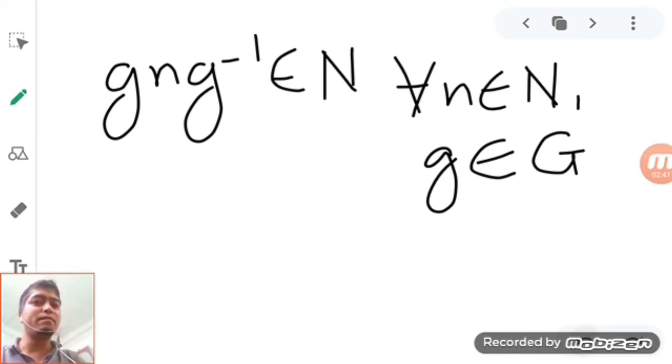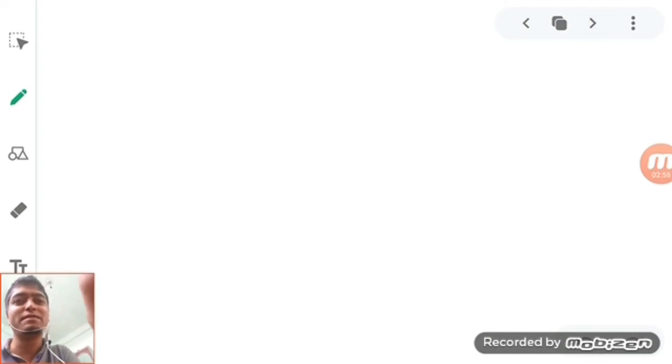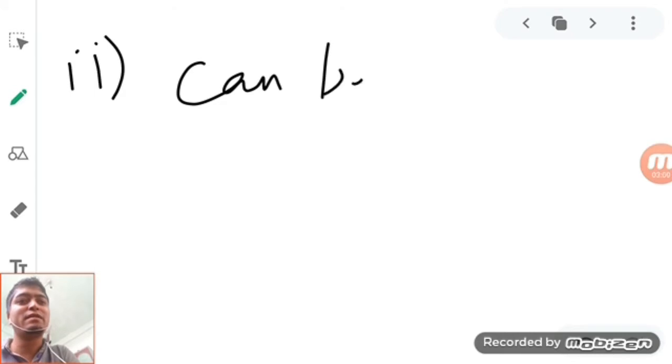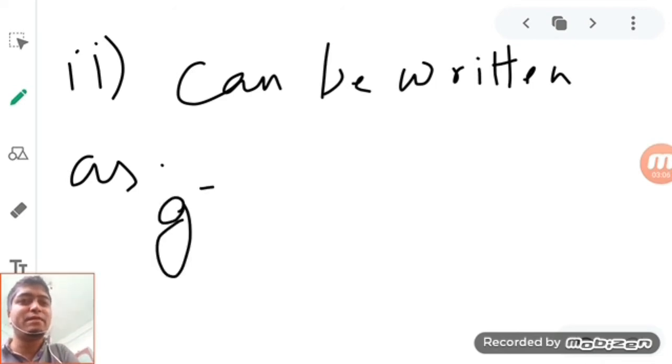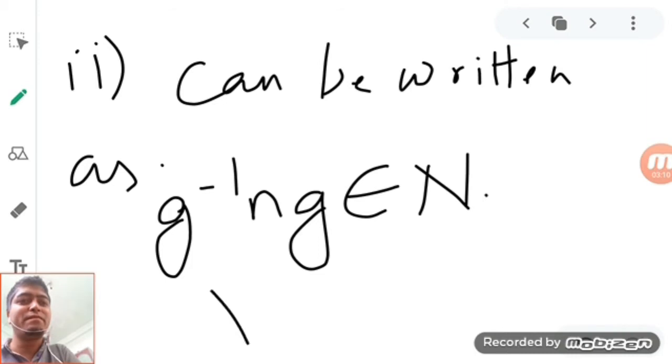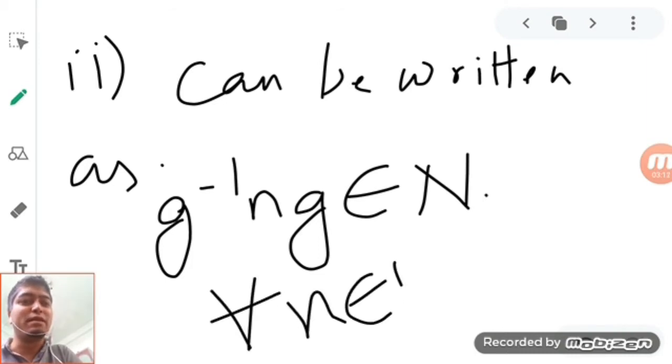Okay, but this one and this one, g and g inverse, can be interchanged in the condition, meaning that we can even write condition 2 as g inverse n g belongs to N for all n belongs to N, g belongs to G. Sorry, it's not natural numbers.